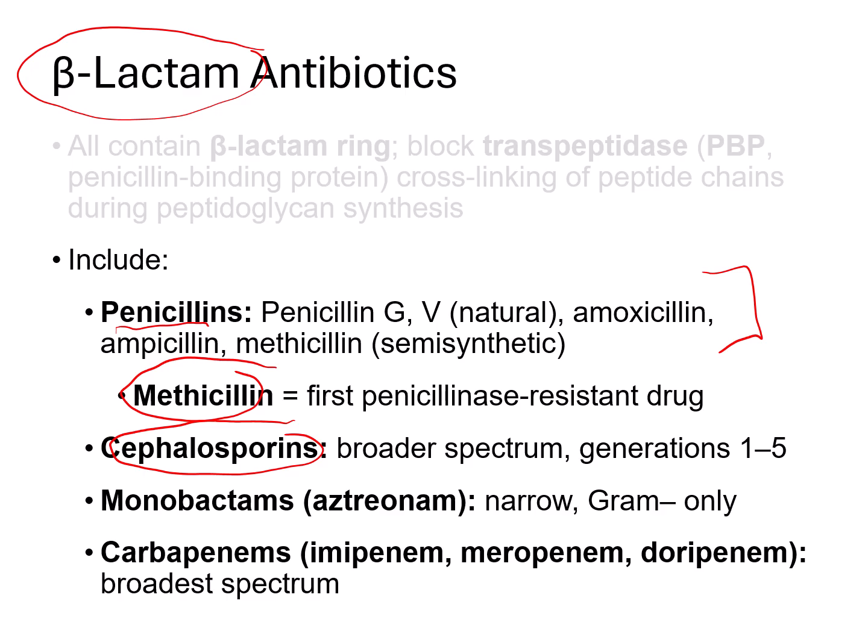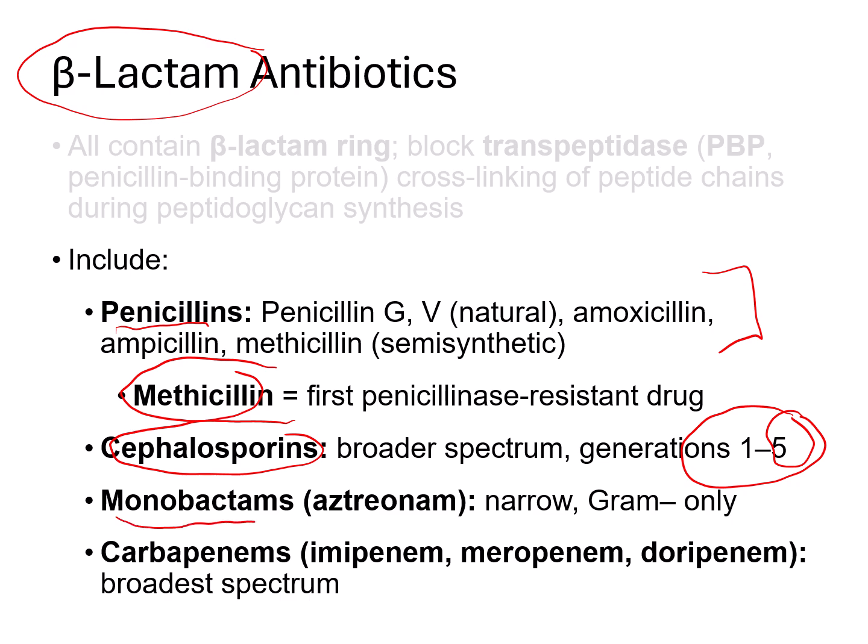Cephalosporins have several different generations, and with each subsequent generation, there's an increase in the spectrum of coverage so that these drugs can even kill gram-negative bacteria in addition to gram-positive. In their fifth generation, these drugs can also kill MRSA, methicillin-resistant Staphylococcus aureus.